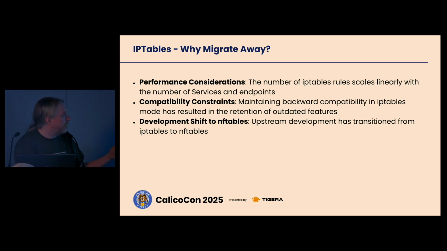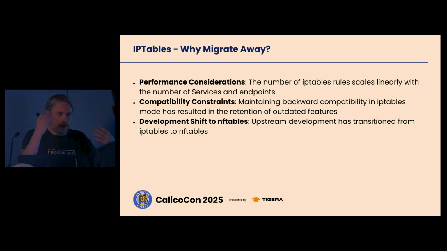Okay. There are also compatibility constraints. What I mean by compatibility constraints is that certain features in IP tables are now considered to be kind of bad ideas, but we can't really do anything about them because there are users that are using these features. An example of a feature would be the ability to hit node ports via localhost.